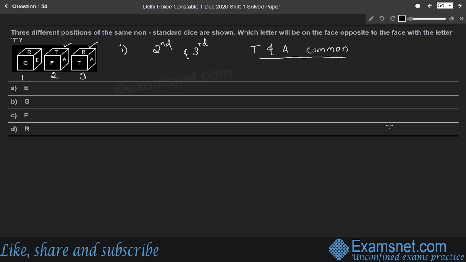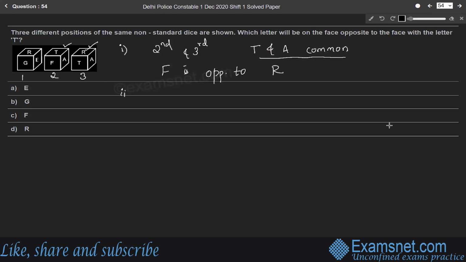So what are the third faces? F is third face of second dice, whereas R is third face of third dice, right? So F is opposite to R. If 2 faces are common between 2 positions of the same dice, then the third faces will be opposite to each other, right?